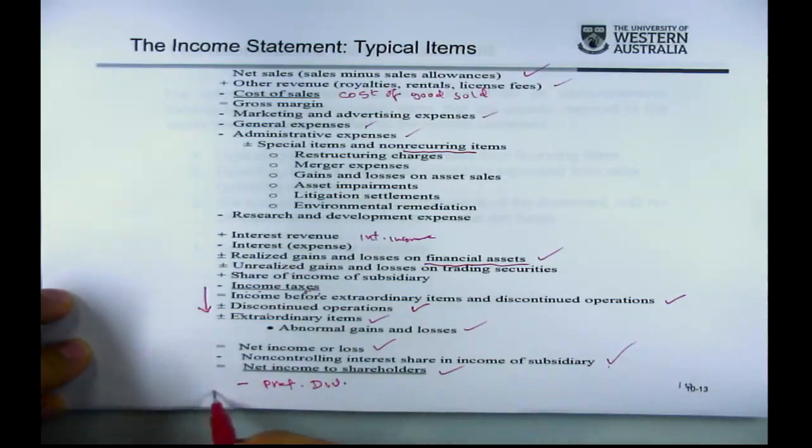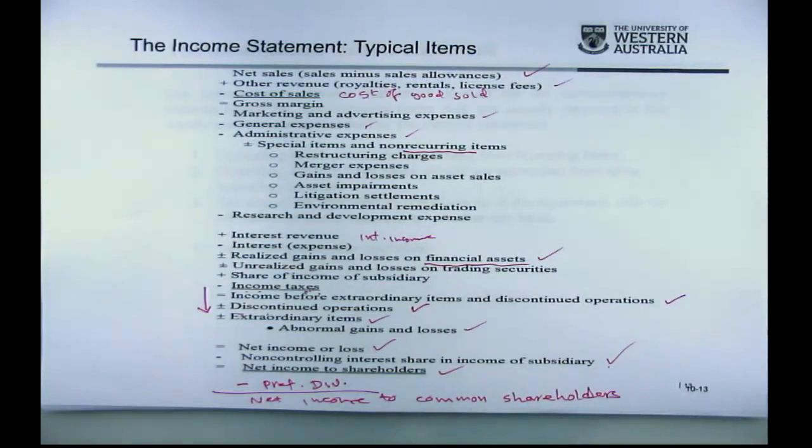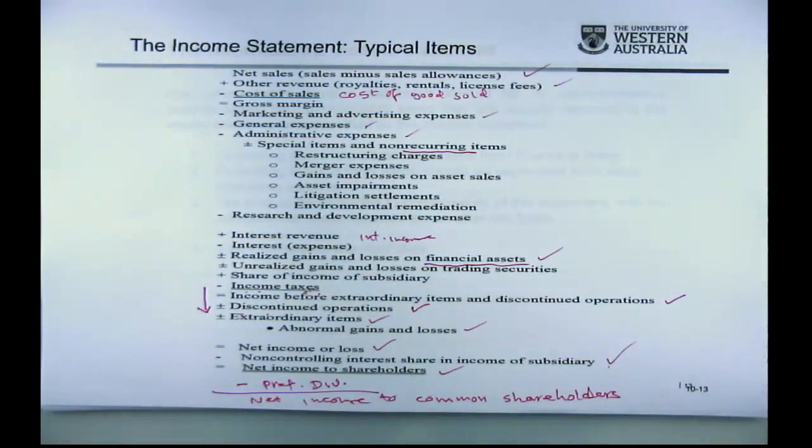And then we arrive at net income to common shareholders. Okay? This is the standard income statement.